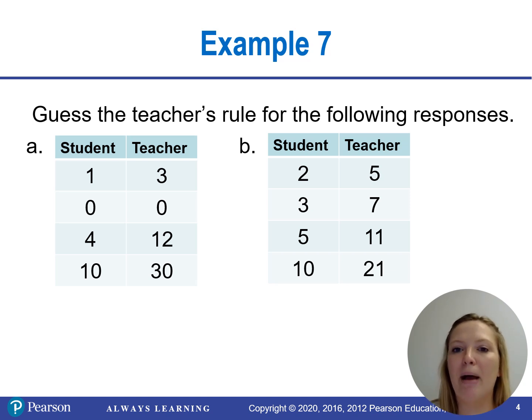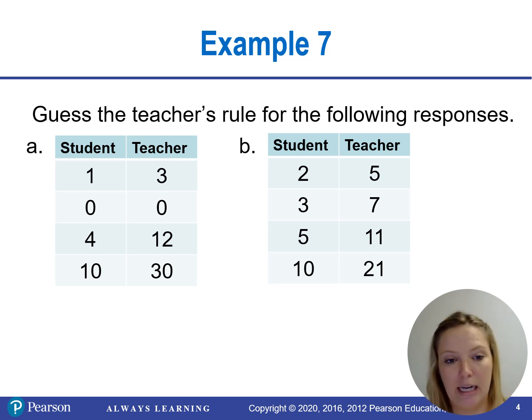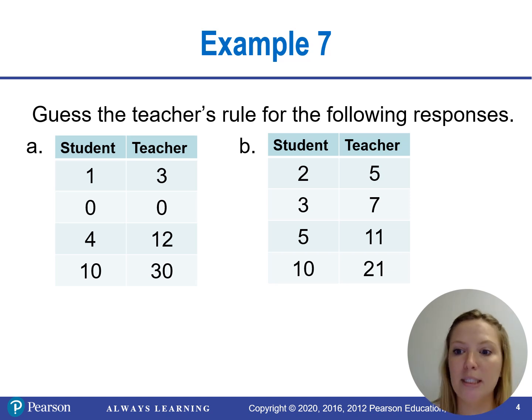So we're looking for a pattern here to find the rule that the teacher is following to give the response. So I first think, okay, well, 1 plus 2 is 3, but 0 plus 2 is not 0, so it's not adding 2 as the rule. And then I think, okay, well, 1 times 3 is 3, 0 times 3, that's 0, 4 times 3, that's 12, 10 times 3, yeah, that's 30.